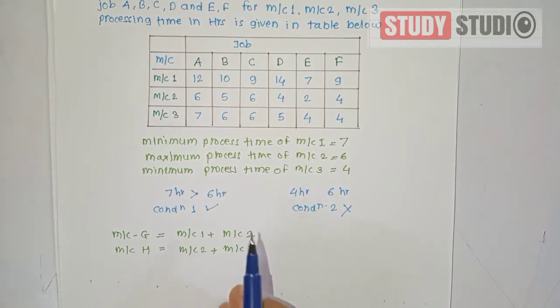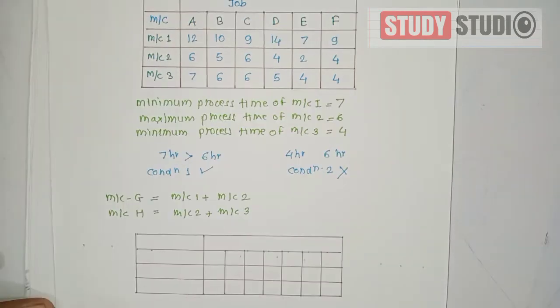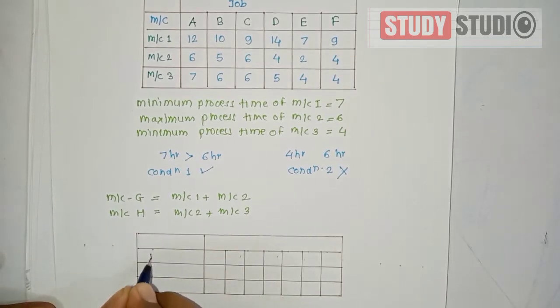Now we'll represent this processing hours of machine G and H in tabular form. To do this, draw a table like this. In the first column, we'll write machines.